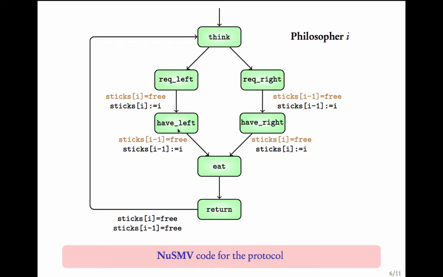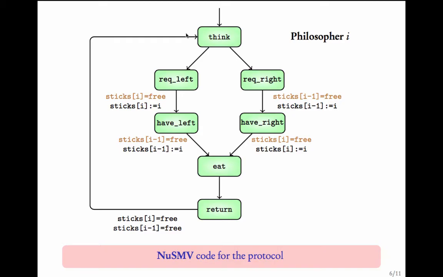If he has the left stick, he waits for the right stick, and if the right stick is free, he can go to the eat state. In the process, he sets that the right stick is in my possession. This is a symmetric path. He can eat as long as he wants. And then when he is about to return, he goes to the return state.